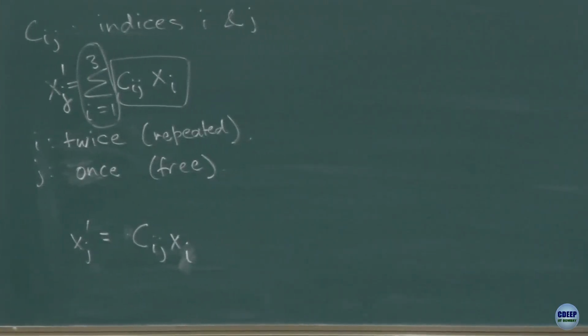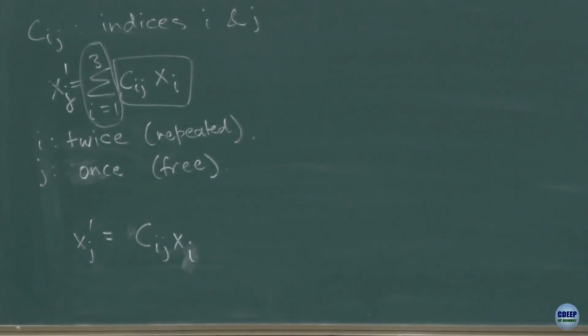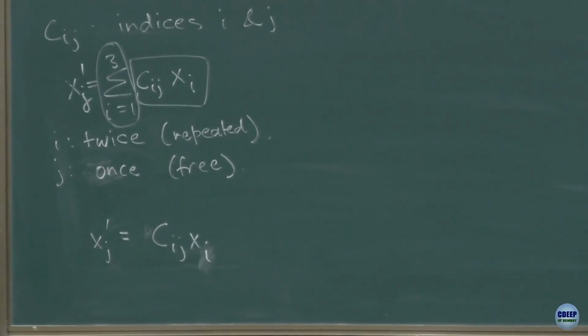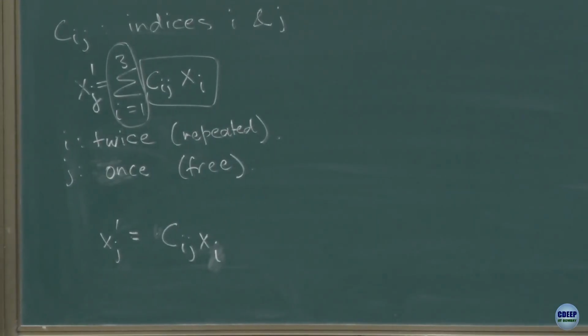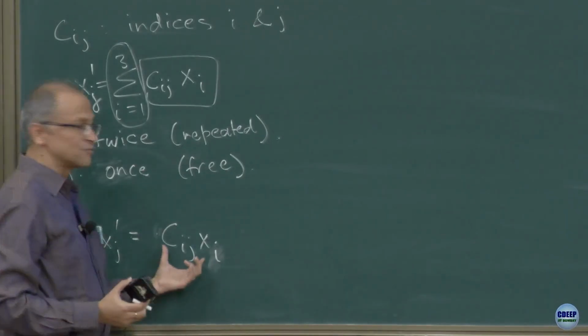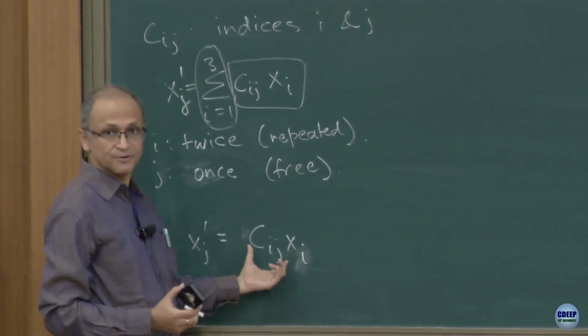Why am I omitting this? Because i is appearing twice, and if i is appearing twice, all I need to do is simply sum it up, and sum up over 3 times. And 3 is coming from the dimensions. So that means I can now write out this equation in this manner.